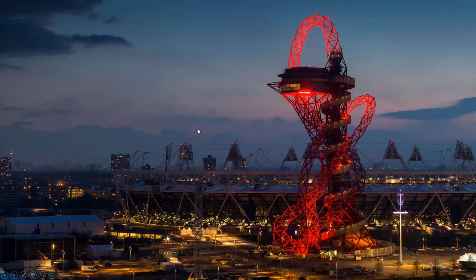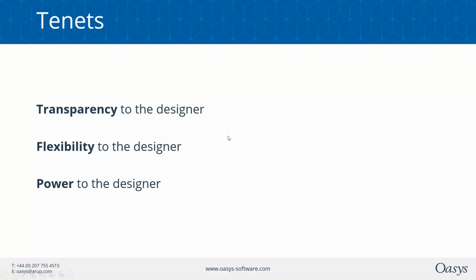The London Olympics, ArcelorMittal Orbital, the main stadium, the Aquatic Centre, the Velodrome, and the Shooting Gallery, and a few others. Anyway, most of the London Olympics, and so on.